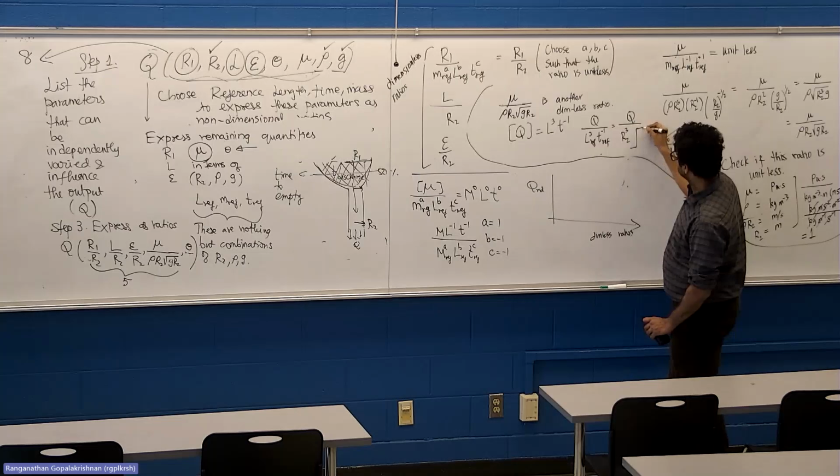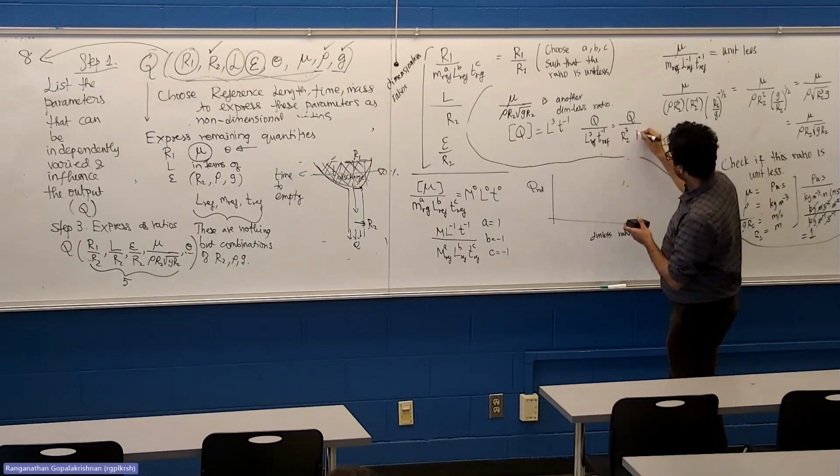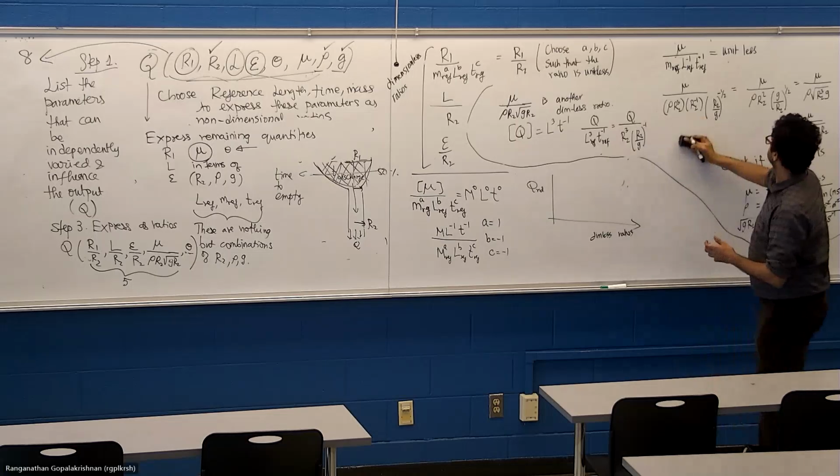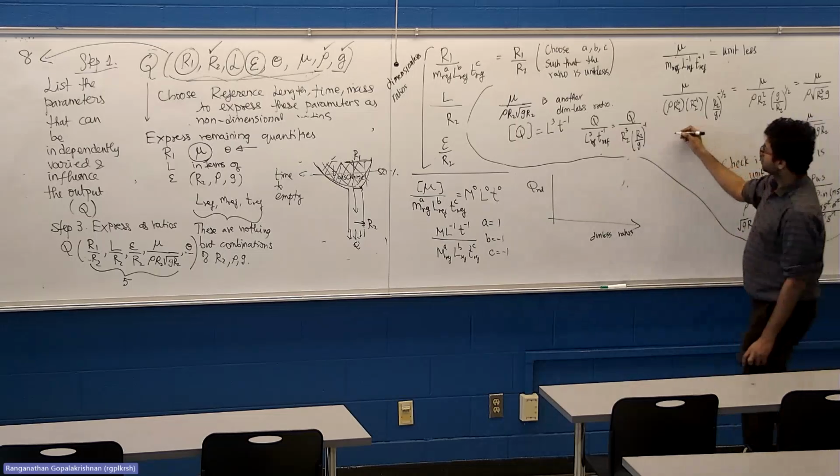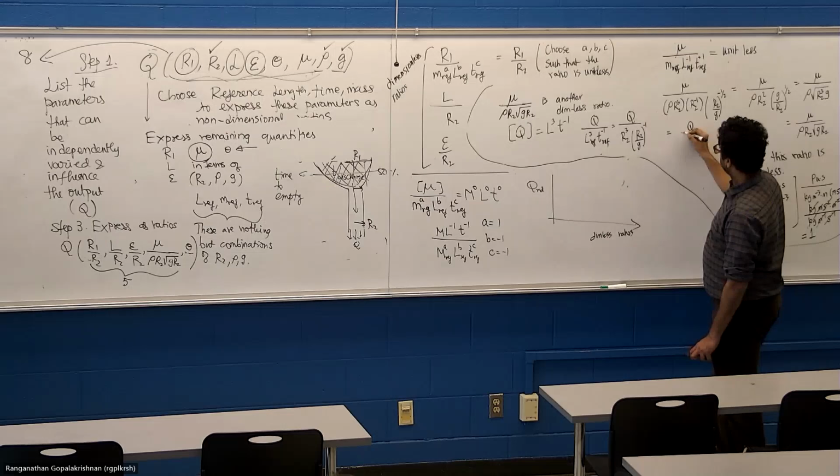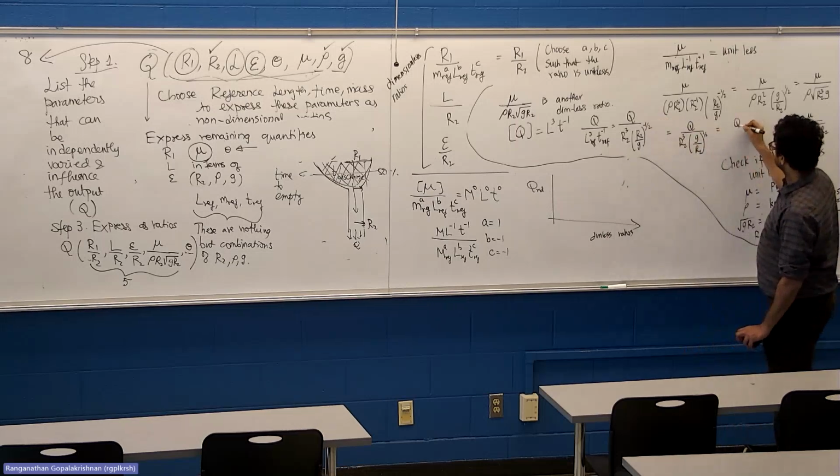Square root of R2 over G, but I have to invert this. R2 over G inverse. So this will be Q divided by R2 cubed times G over R2 to the half. So this is going to be Q over R2 squared times square root of GR2.